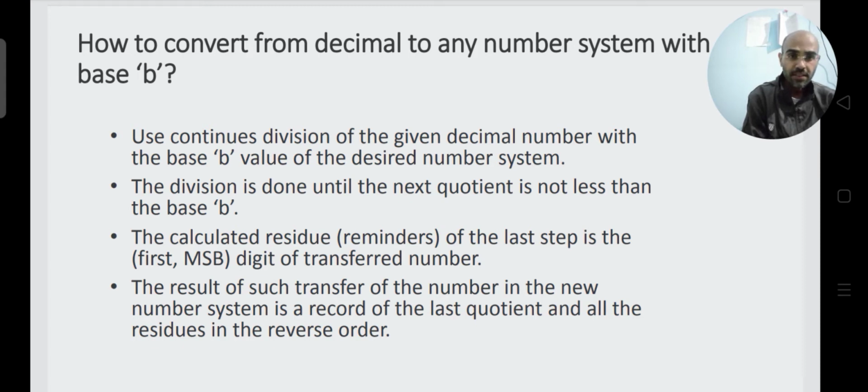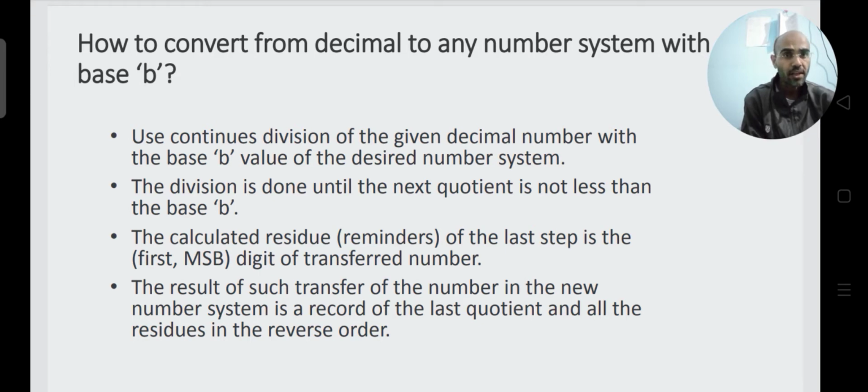The remainders should be written in the reverse order. That is, the remainder which is obtained after the last division will be treated as the MSB, that is the most significant bit, or the bit with highest weight, whereas the remainder which is obtained after the first division will be treated as the LSB, or the least significant bit.